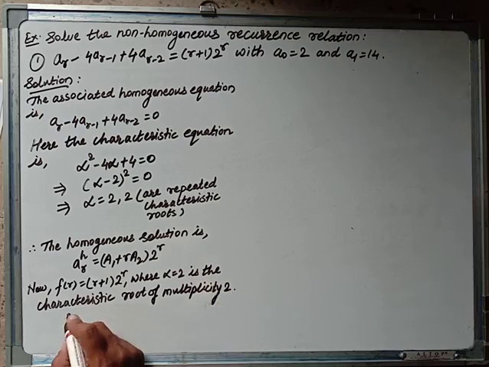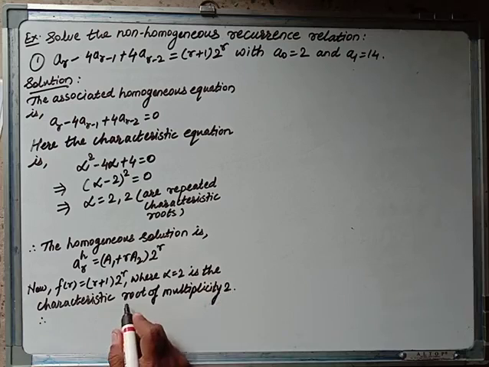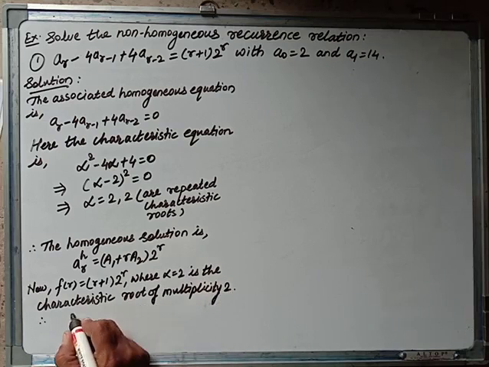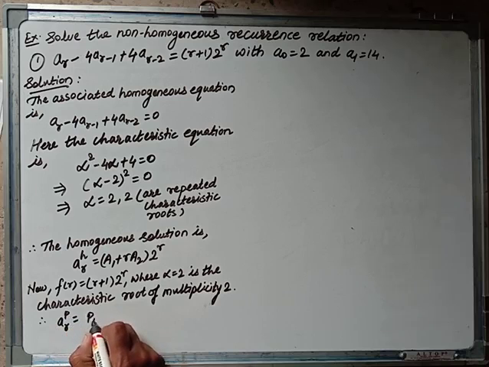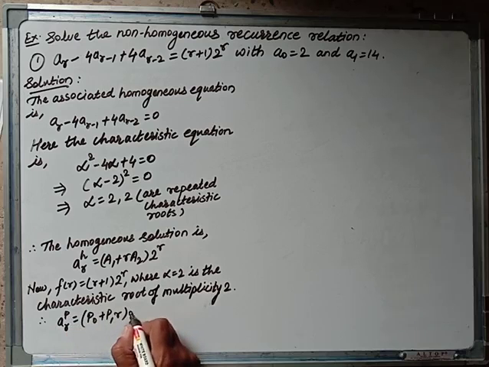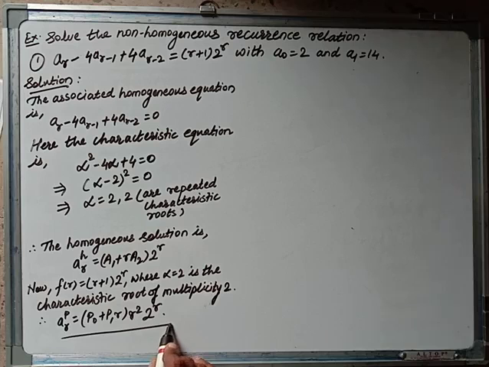Fine. Therefore, using the general form of the particular solution, we get a_r^(p) is equal to (P0 plus P1 r) into r squared into 2 raised to r. This will be our particular solution.